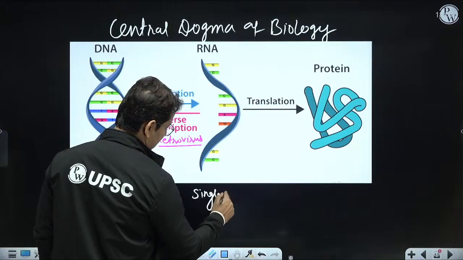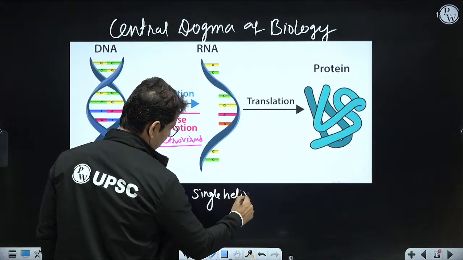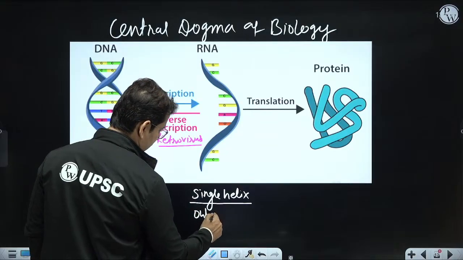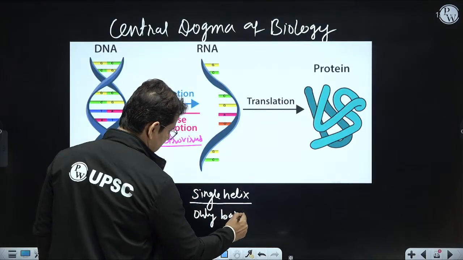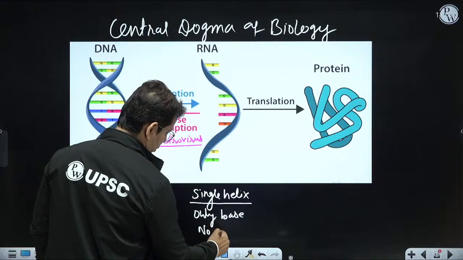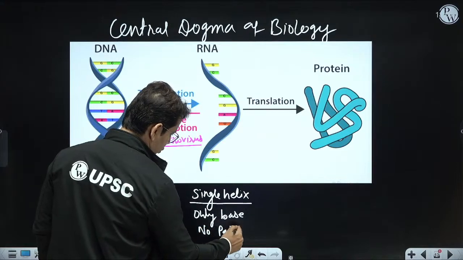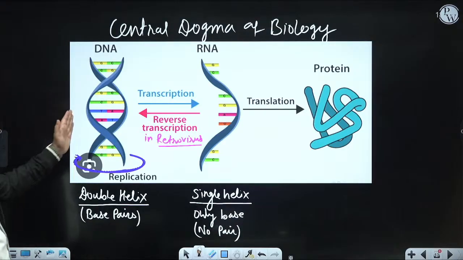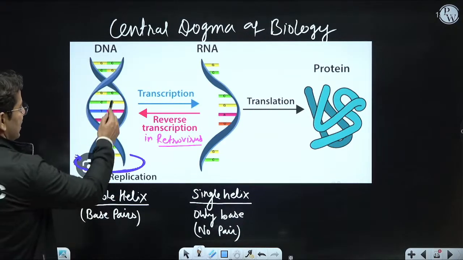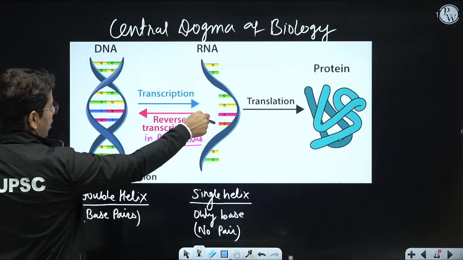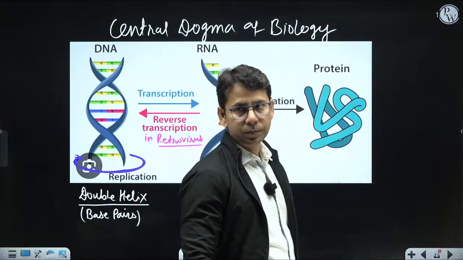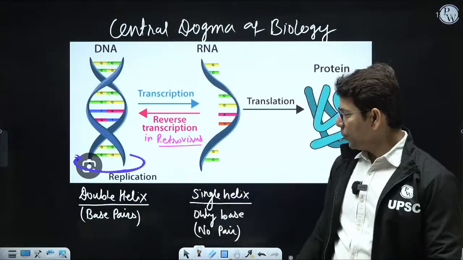Single helix means no pair, only bases. So the pair condition will not be there. Yes, it will have the same code, you can see the code is same, but the pair will not be there.